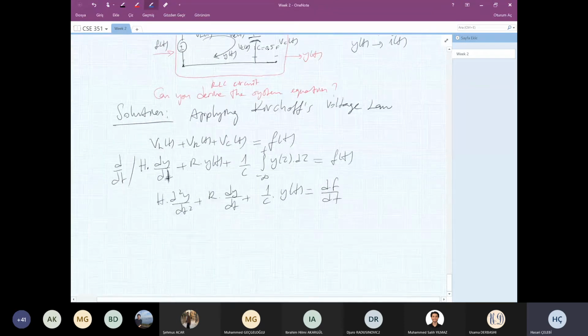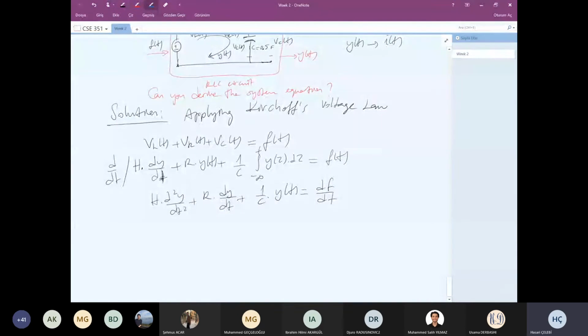So in order to get rid of this integration, I take the derivative of this equation. You guys see that?